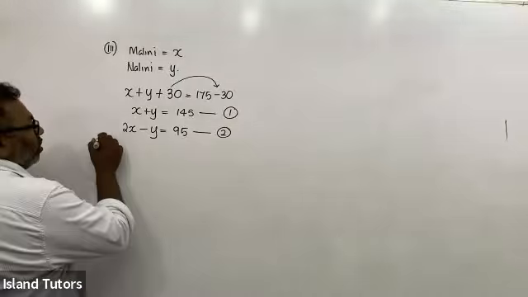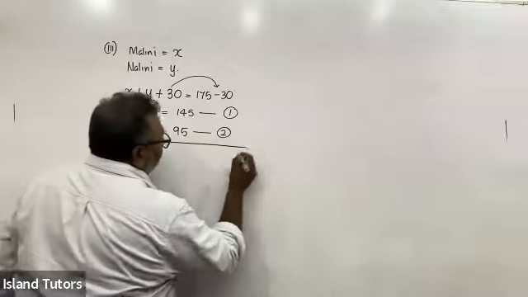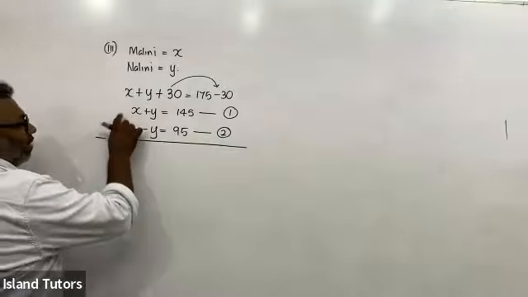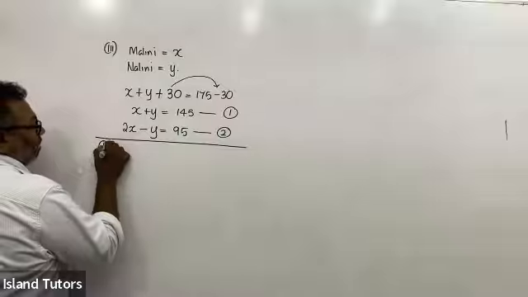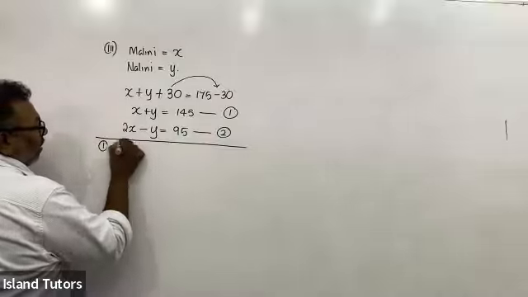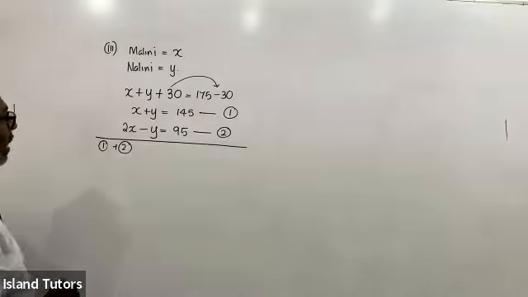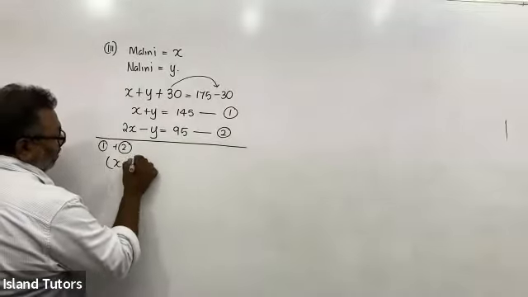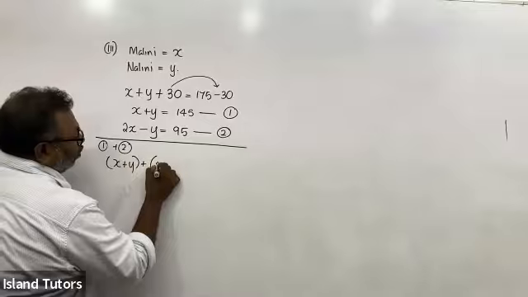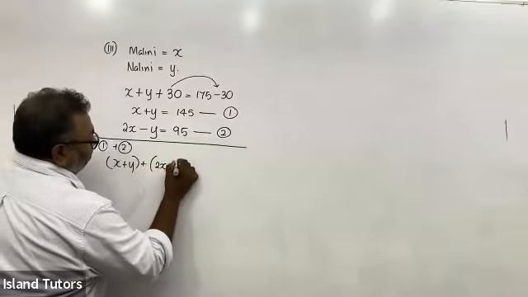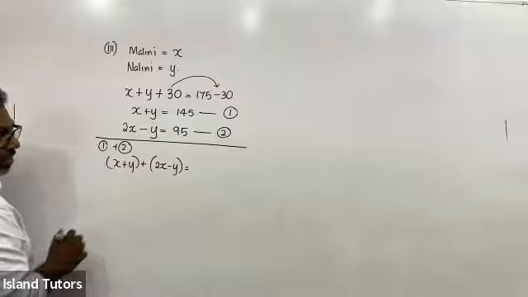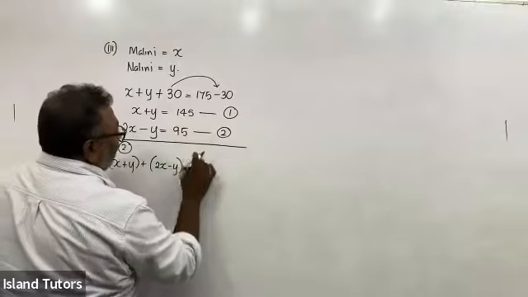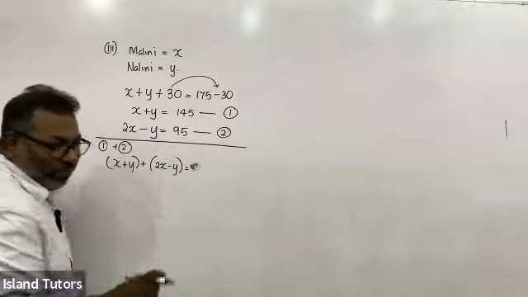We have to add the two equations. We have to add these two. So equation 1 plus equation 2. Right? So x plus y plus 2x minus y is equal to 145 plus 95. So how much is 145 plus 95?